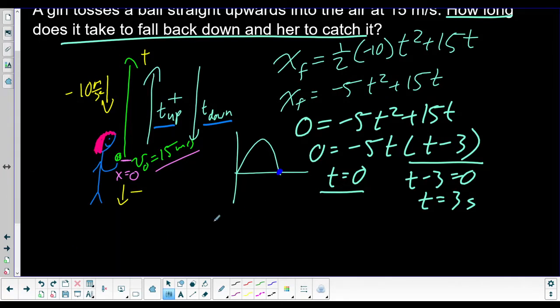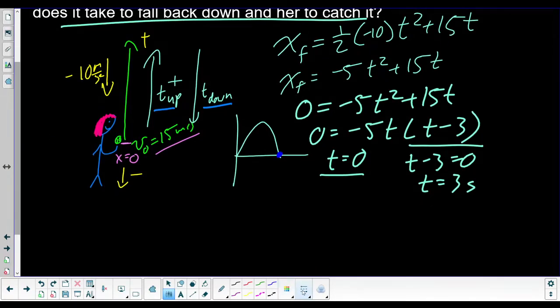Okay. So if we want to know how far it goes to the top, let's look at the displacement equation and talk about why that's a bad idea. So x final equals x initial plus initial velocity times time plus 1/2 a t squared. Initial position is 0. Final position, we don't know that. Okay, that kind of stinks. Initial velocity is 15. A is negative 10. And time, we don't know either.